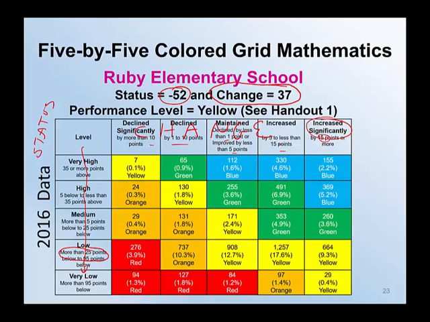That's really awesome. So we're in this column. If we go back to the status over here, where our status is here and our change is up here, that means our overall color is yellow. And that's what's going to show up on your California dashboards.